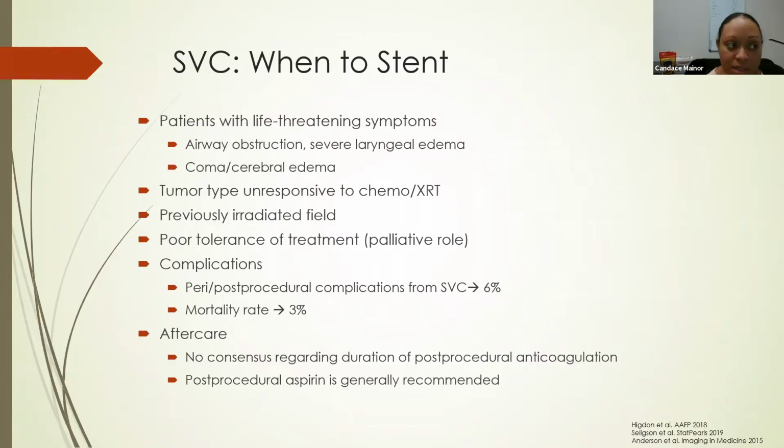And so there are different recommendations regarding whether patients need post-procedural anticoagulation versus post-procedural antiplatelet therapy. But I can tell you in clinical experience, most of my patients with SVC syndrome from their masses have also unfortunately had blood clots, and so they are on indefinite anticoagulation anyway.